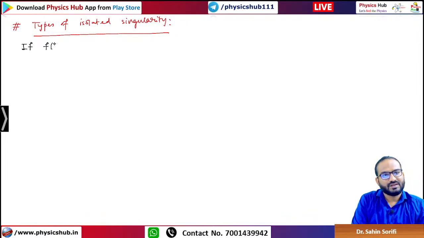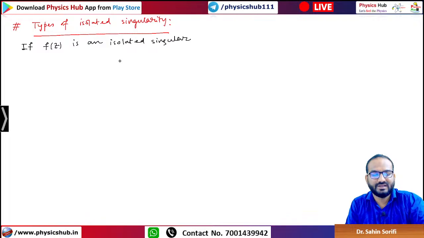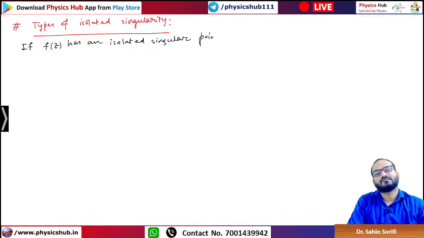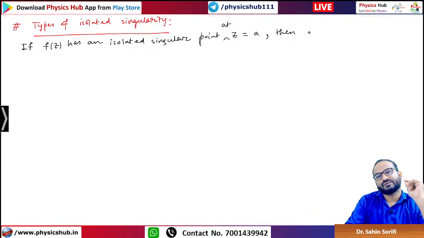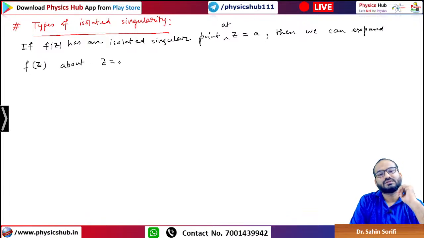If f of z has an isolated singular point, let us say at z equals a, then we can expand f of z about z equals a into Laurent's series.